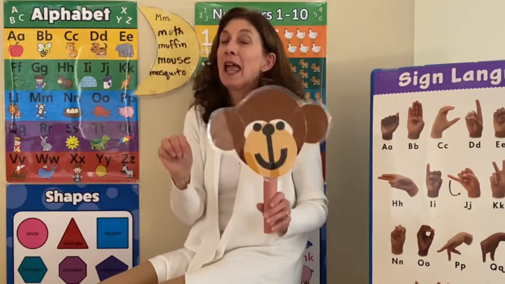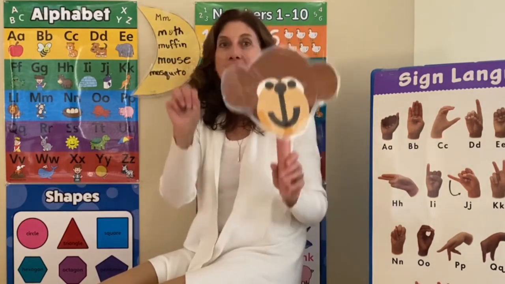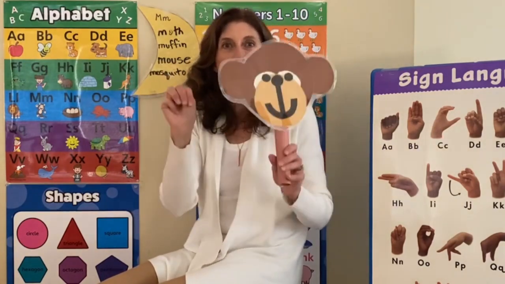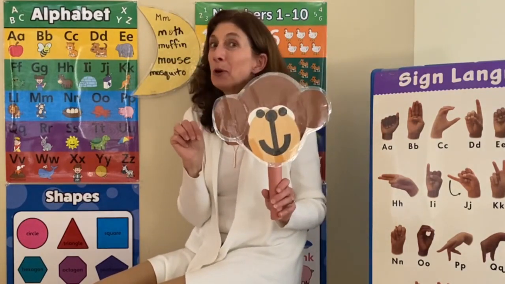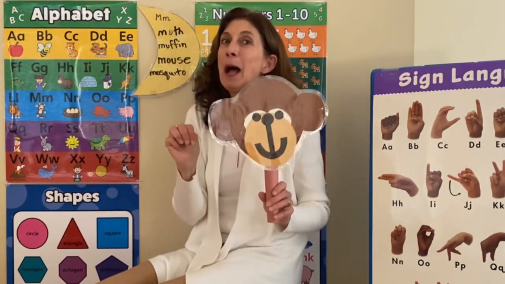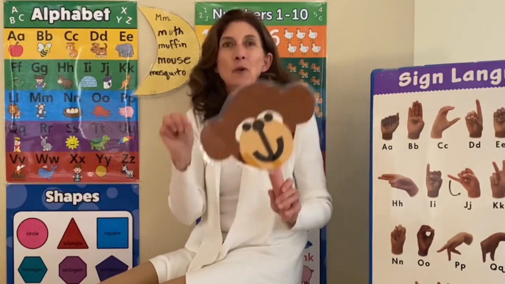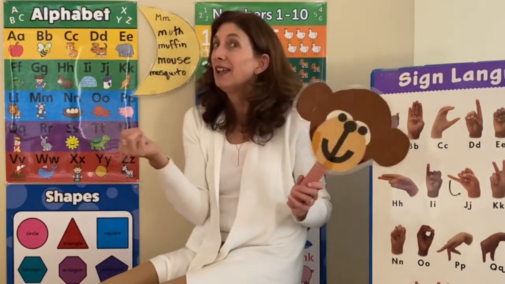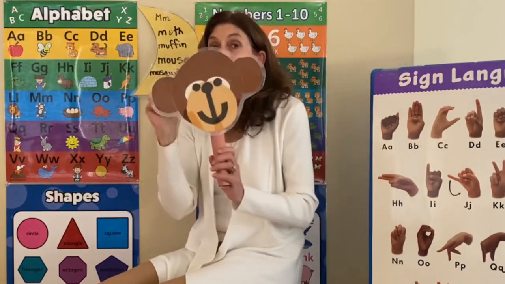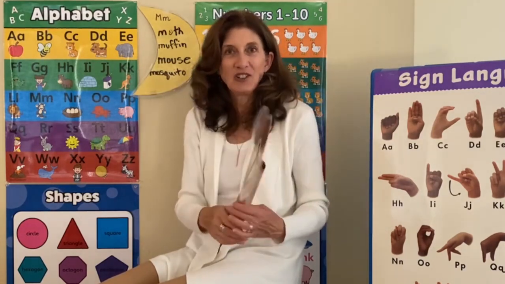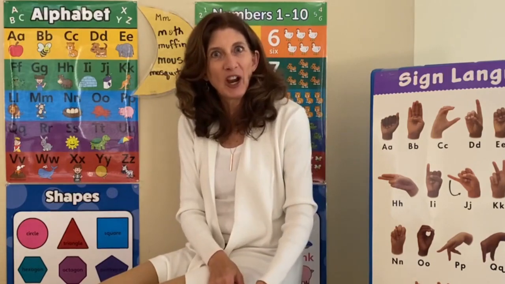Macaroni, mud and milk. M, for Mo monkey. And remember, all you have to remember of this cheer is M, for Mo monkey. You don't even have to remember the Mo monkey. If you remember M, that's great because you've got the letter sound of M in there.